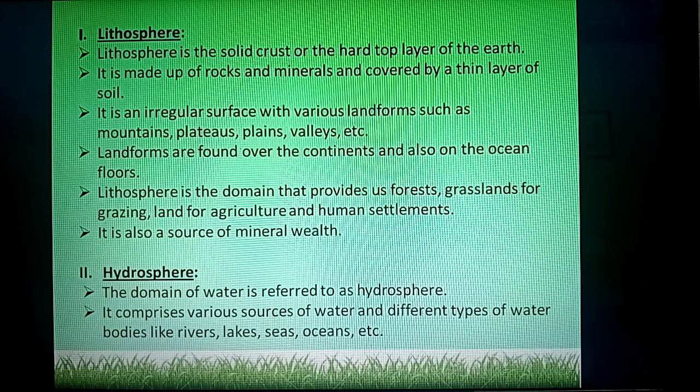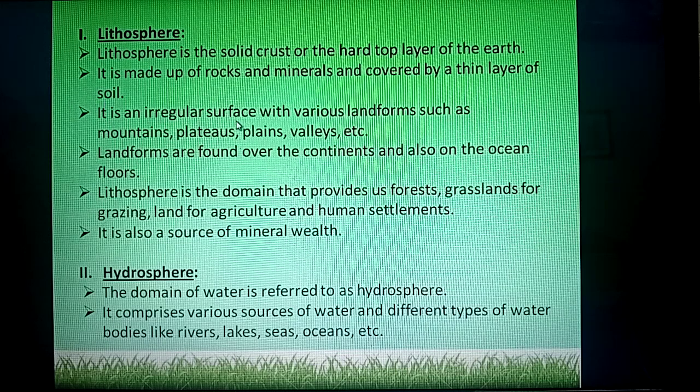These are also the characteristics of these domains. First of all, lithosphere. Let's discuss about lithosphere. Lithosphere is the solid crust or hard top layer of the earth. It is made up of rocks and minerals and covered by a thin layer of soil.